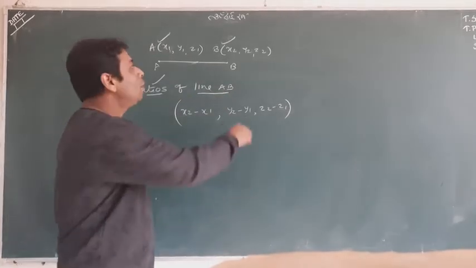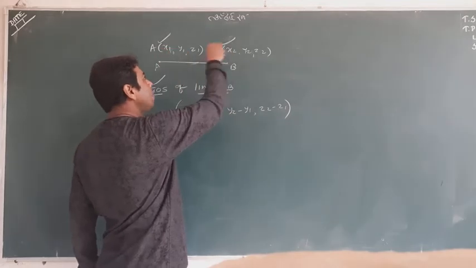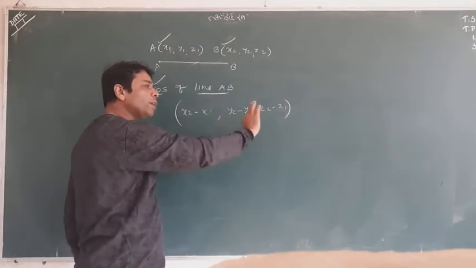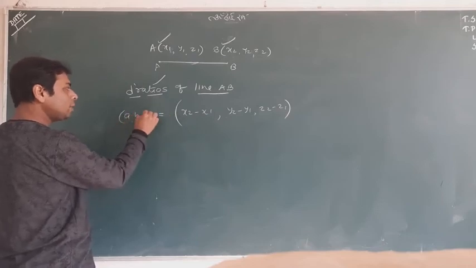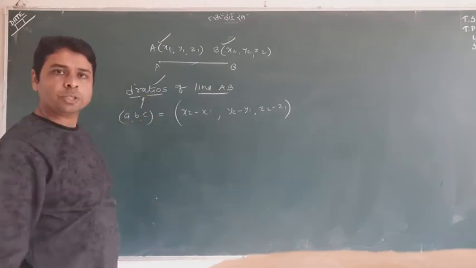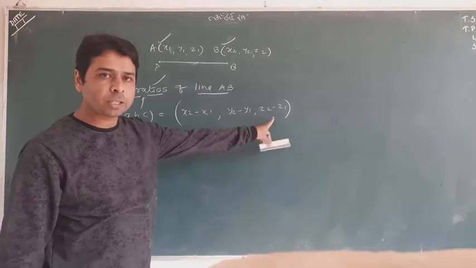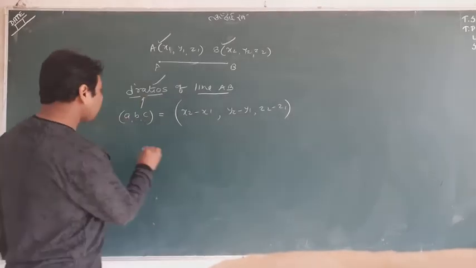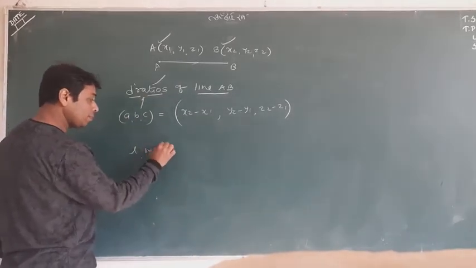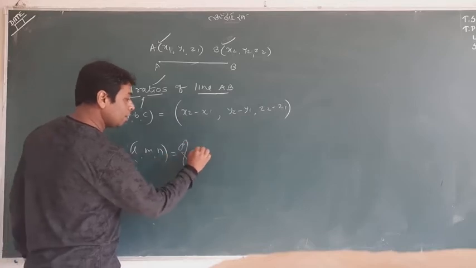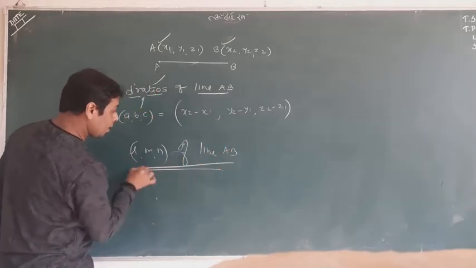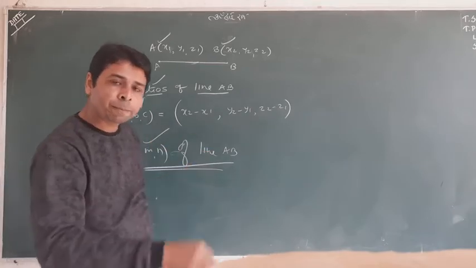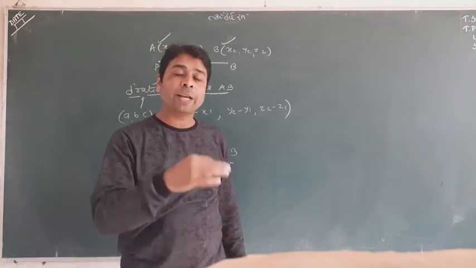That is the formula: x2 minus x1, y2 minus y1, z2 minus z1. This is a very important formula, and these are A, B, C, the direction ratios. If I ask you to find the direction cosines of AB, you should focus on the direction cosines. How can we find them?